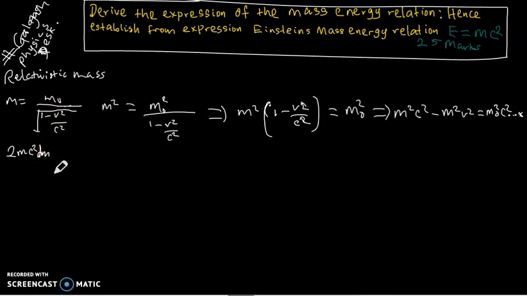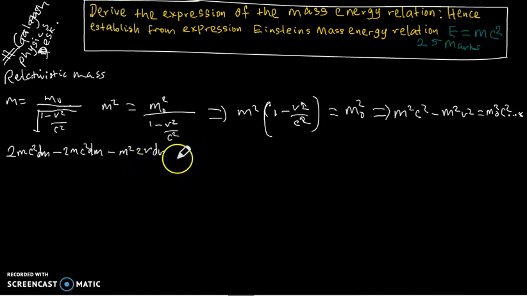If we do that, that will be minus 2m v squared dm minus m squared; now with respect to v, it will be 2v dv.